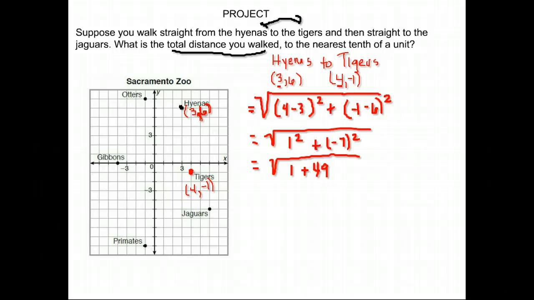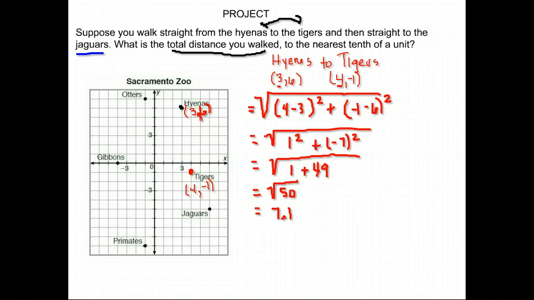Some people forget that when you square a negative, it becomes positive because you're taking a negative times a negative. So we get 1 plus 49 is 50, and what is the square root of 50? That's our first distance. Okay, good. I get 7.07, or 7.1 if we round to the nearest tenth. So that's the distance from hyenas to tigers.